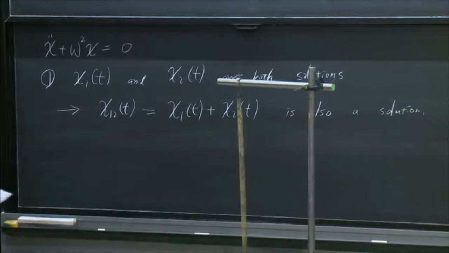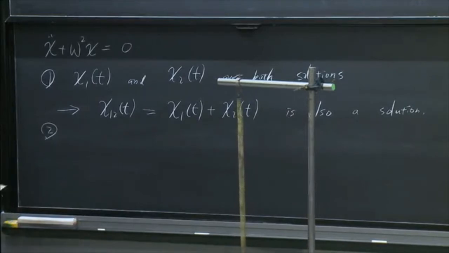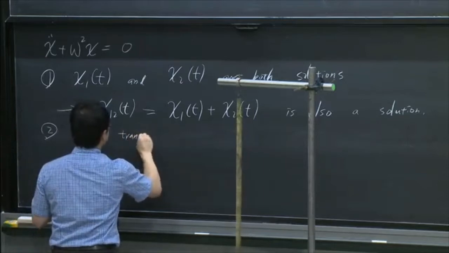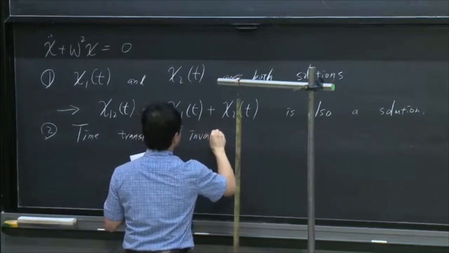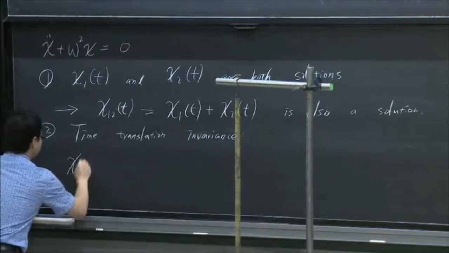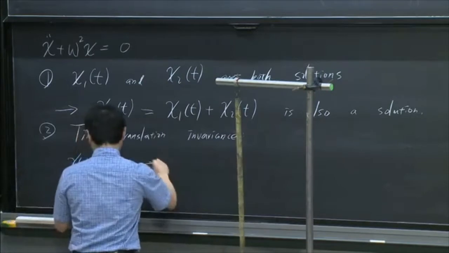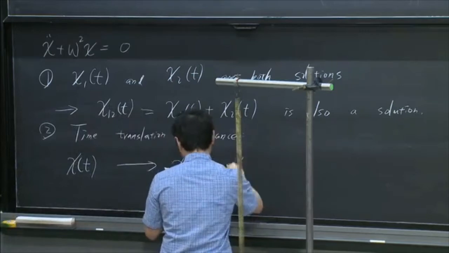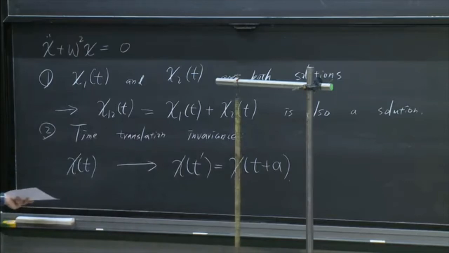The second thing which is very interesting about this equation of motion is that there is a time translation invariance. This means that if x of t is a solution, then x t prime, equal to x of t plus a, is also a solution.